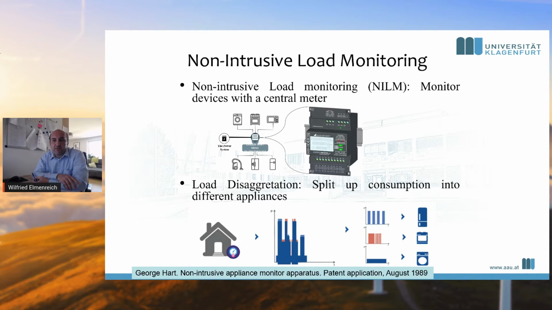If we are able to get those measurements frequently enough, then we can use the information from the power draw of the whole system to infer the power consumption of different appliances. That's why non-intrusive load monitoring and load disaggregation are usually used for the same thing, basically measuring the consumption at a single point and splitting it up to look at the consumption of different appliances.